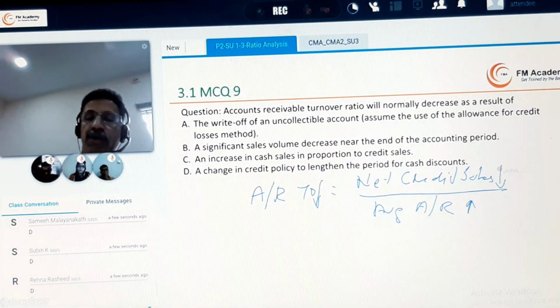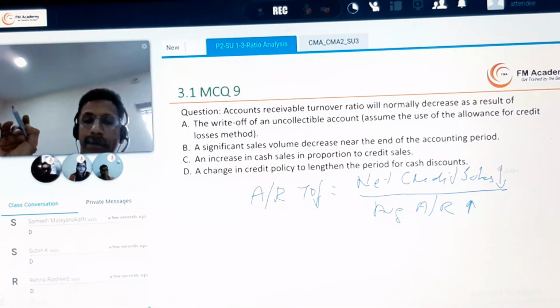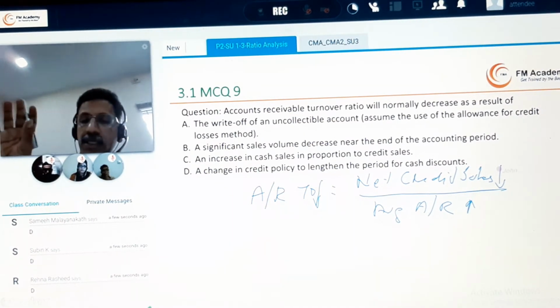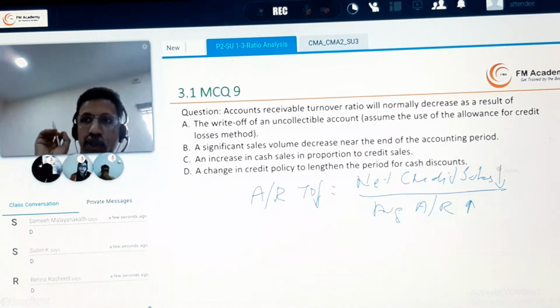So when you have the allowances method for recognizing credit loss, you will be computing the credit loss and debiting credit loss expense, creating a provision for bad debt. When you are actually writing off the debt, the entry will be to debit allowances and to credit the account receivable.